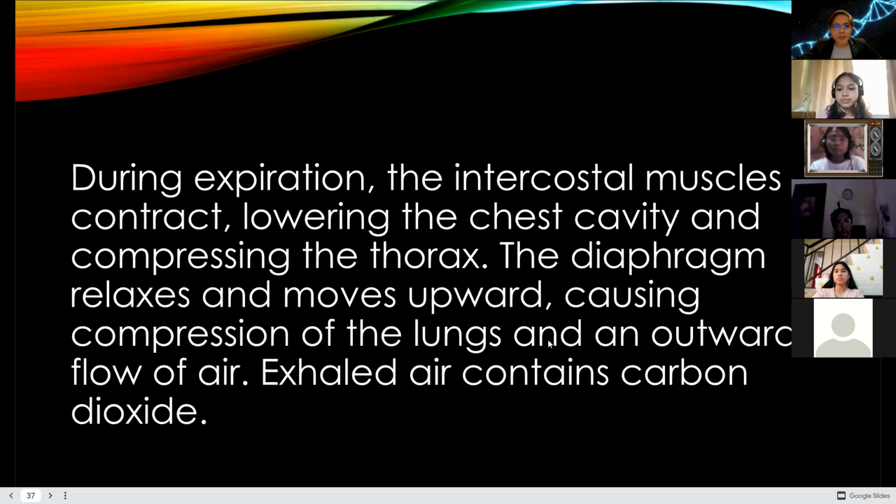The diaphragm relaxes and moves upward. So it squeezes now the lungs in order for the air to move out, causing compression of the lungs and an outward flow of air. Exhaled air contains carbon dioxide.